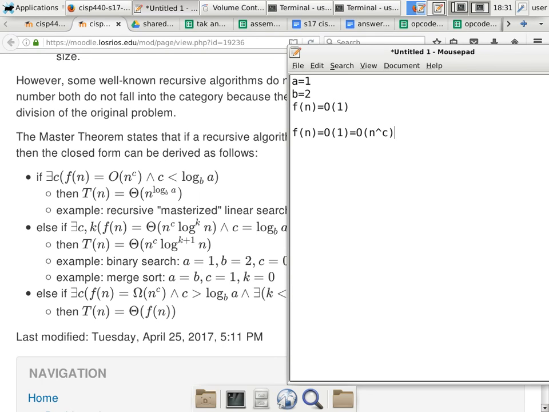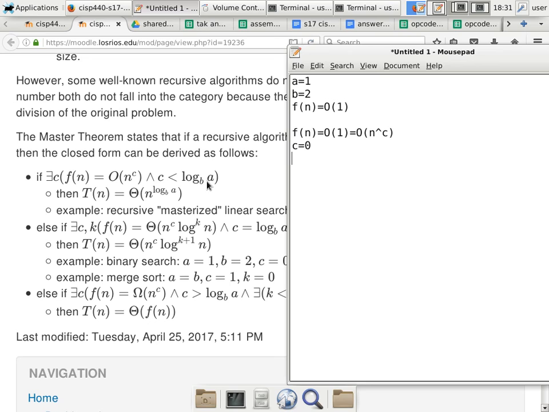Okay, that's a good find. c appears to be 0. So let's check whether c equals 0 is going to make the rest work. Is 0 less than log base b of a? Nope, it doesn't fit, does it?